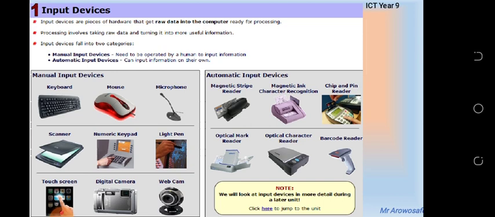We have keyboard, mouse, microphone, scanner, numeric keypad, light pen, touch screen, digital camera, and webcam. All these are examples of manual input devices because they can be operated by a human to input information.